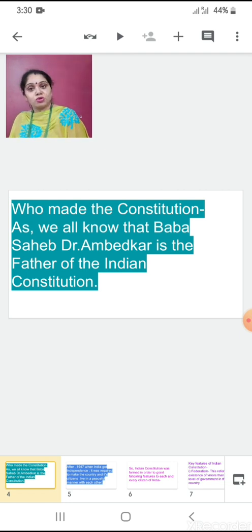Babasaheb Ambedkar is also known as the father of the Indian Constitution. It was due to his noble efforts that we are today able to ask for our rights and access the fundamental rights as well as duties as a citizen of a country. Today, if we have that much freedom and right over our country, our privacy, our facilitations as well as availabilities, it is because of his noble efforts.